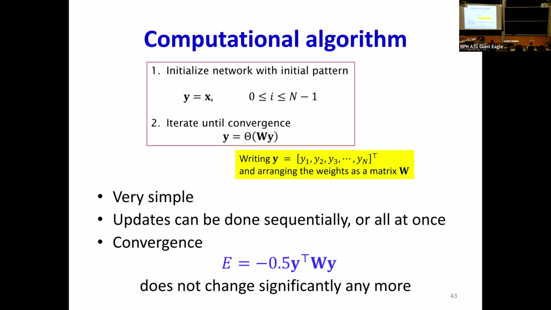One simple way to check when to stop is to check the energy of the network, which we saw was minus 0.5 times the quadratic term that we just saw, which if you work it out is simply y transpose Wy, where y is the vector of outputs of the neurons, and W represents the weights. The network will evolve until this energy term doesn't really change anymore.